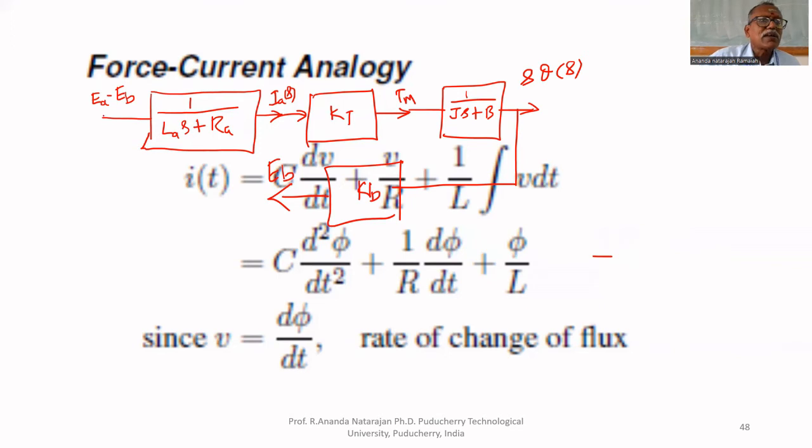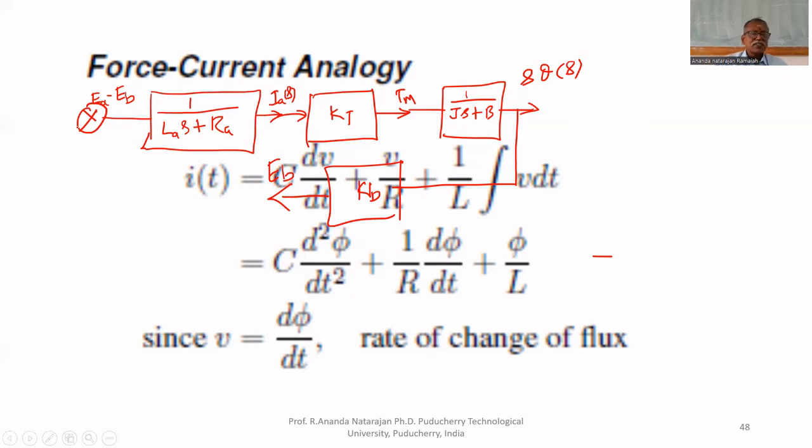So here, what is required? EA minus EB is required. EA is the applied voltage, minus the back EMF. So you can put a summing block here. Two signals can be summed or subtracted. Op-amp based summer, subtractor, adder, subtractor is studied. I studied operational amplifiers and linear integrated circuits.